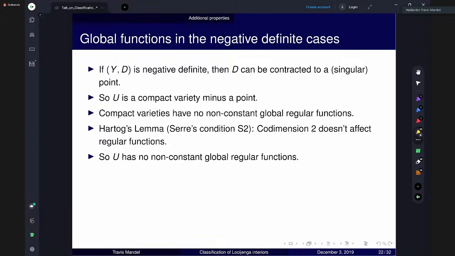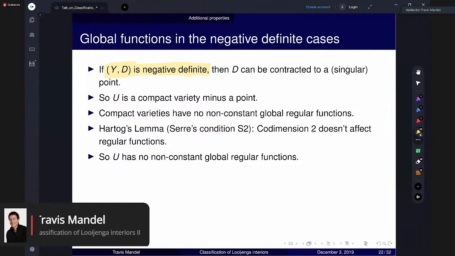Now, in the negative definite cases, things don't work as well. You basically don't have global functions in those cases. So let's see why. Suppose the intersection matrix is negative definite. Whenever you have a divisor in a surface such that the intersection matrix built like this is negative definite, you can contract that divisor down to a point.